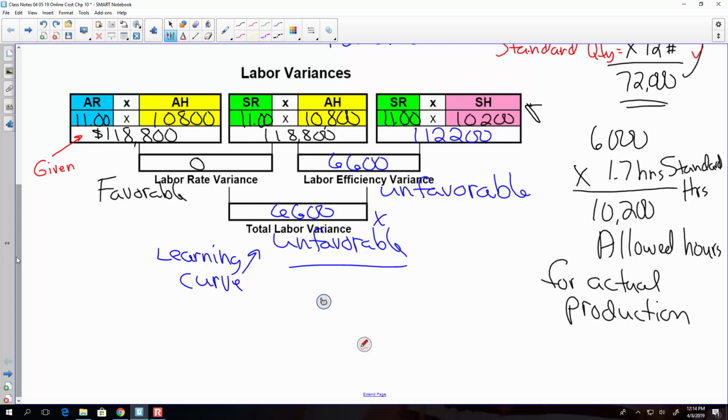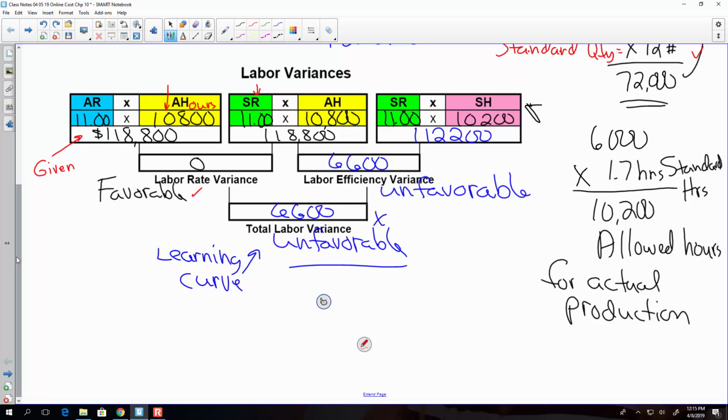That number generated was from 10,800 hours of actual activity. And obviously if I take the 118,800, divide by 10,800, I get the $11 actual hourly rate. And by chance, it's just coincidence, that was our standard also, was $11. So in this case, I have no variance. I have no rate variance, it's called, for labor.